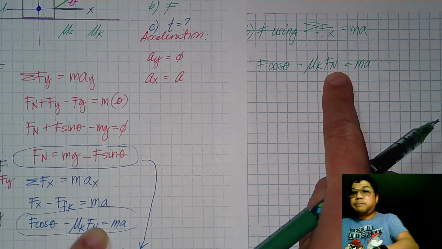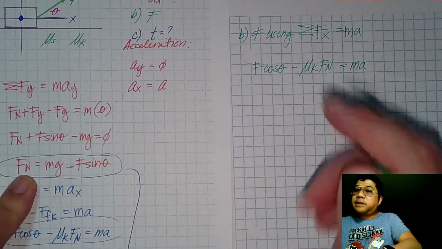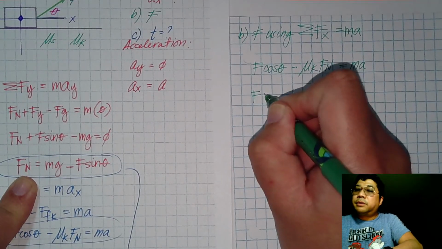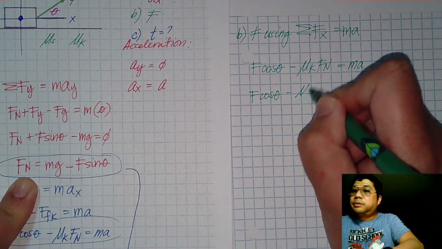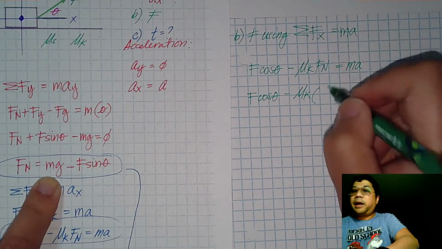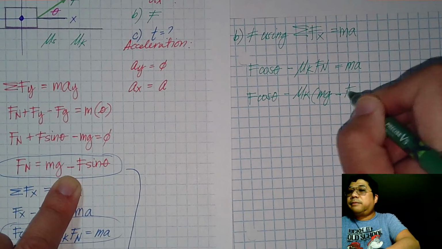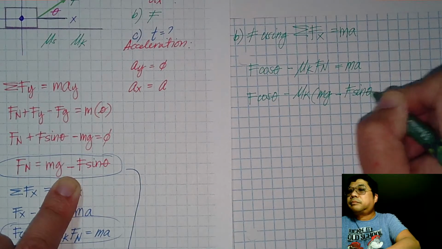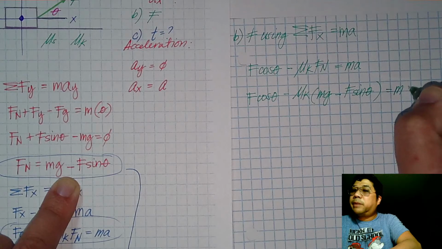Now let's plug in the value of Fn again. So F cosine theta minus mu, or the coefficient of kinetic friction, multiplied by mg minus F sine theta equals m multiplied by the acceleration.